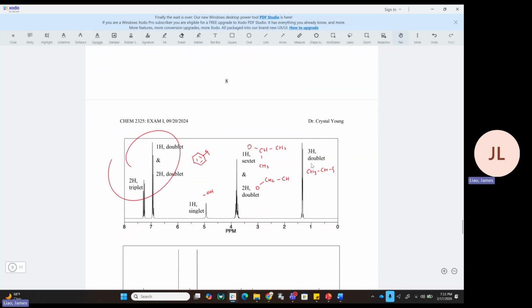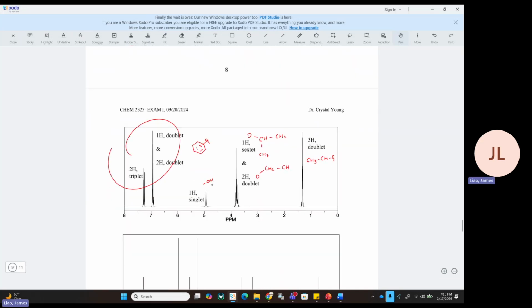Okay. So monosub, we have an alcohol group. That's going to be primary. So the best one that's going to be primary is this one. So we're going to have the alcohol right here.